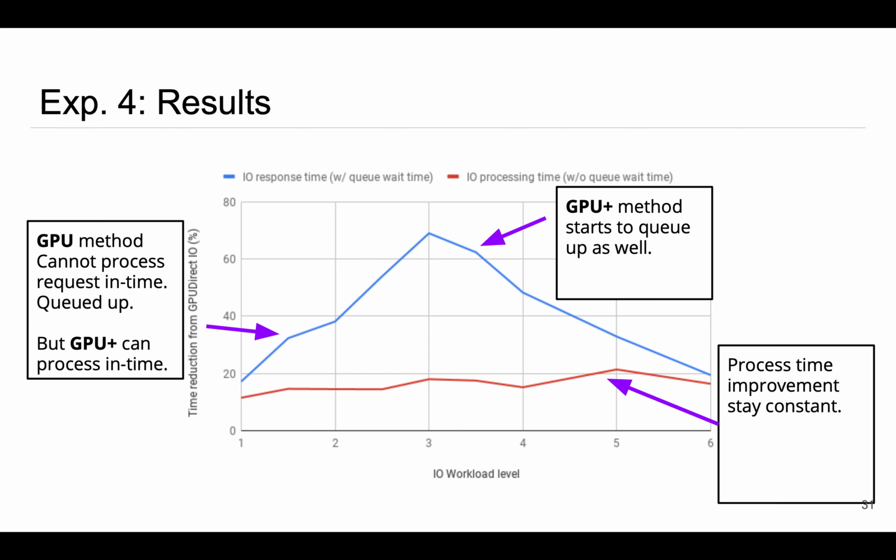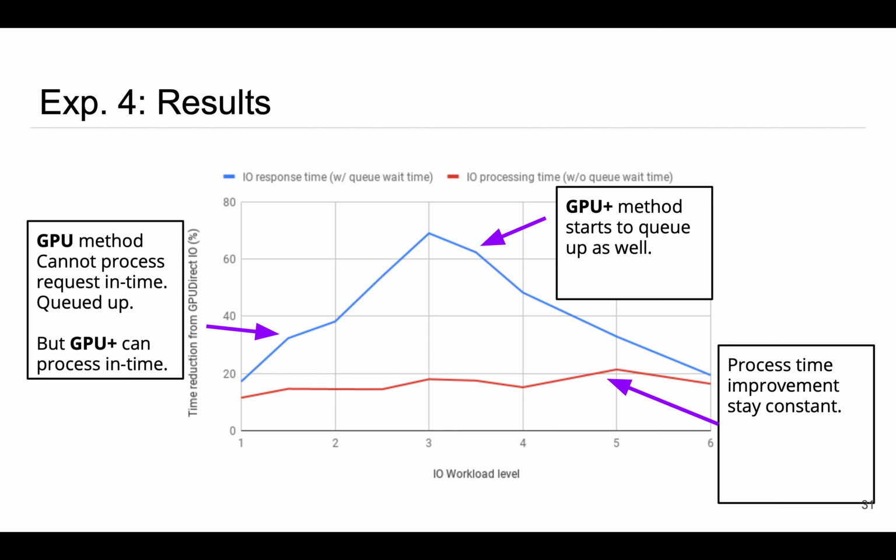This is because the GPU Plus approach can deal with the request with shorter latency, reducing the number of requests in the queue, avoiding accumulated wait time growing exponentially. On the other hand, the GPU approach deals with the request with longer latency, and the queue builds up.